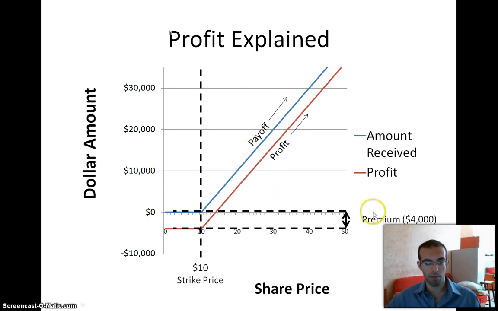And this shows the premium that we paid is $4,000. It's the difference between payoff and profit. At the strike price of $10, anything below that, less than $10, the new price of the share, our profit is going to be negative $4,000, and the amount received is going to be 0. And then after 10, we break even around $14 per share, and then profit just goes up.